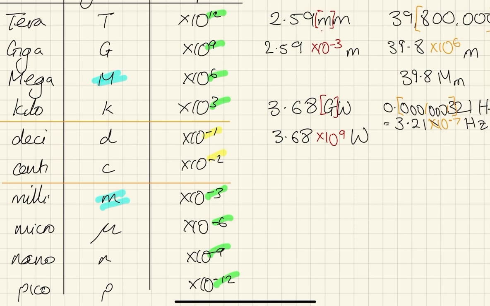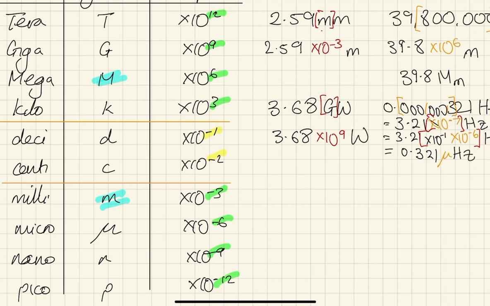Now we don't have 10 to the minus 7 as one of the prefixes, and so we're going to change it so it becomes 3.21 times 10 to the power of minus 1 times 10 to the power of minus 6 hertz. The reason being, this is the same as this. And so using this new prefix, I end up getting 0.321 micro hertz.